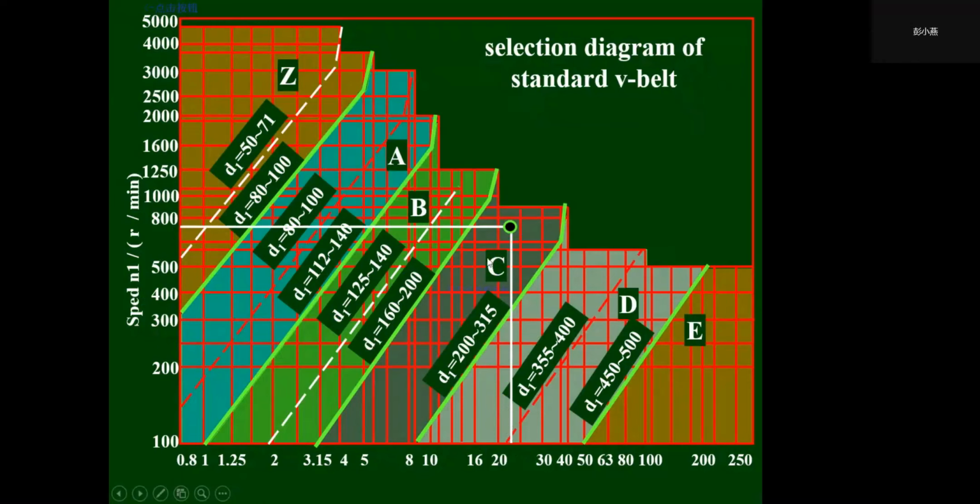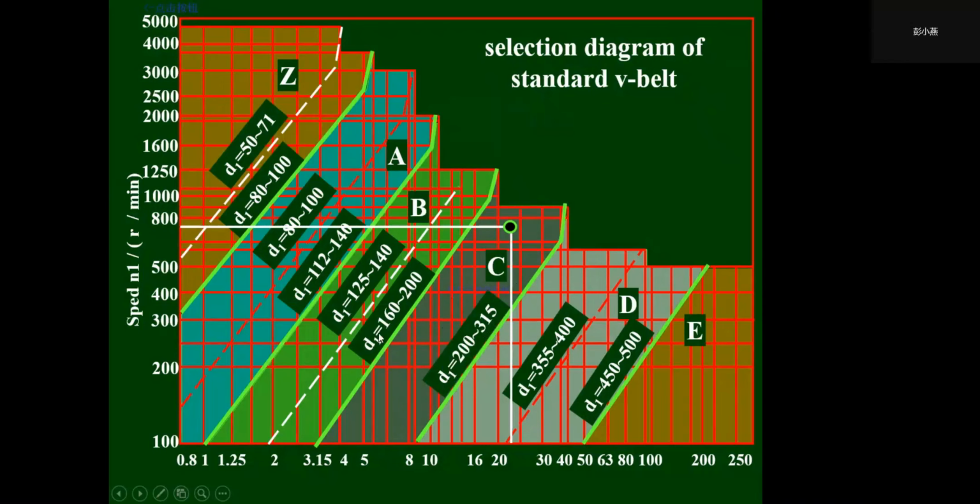So we can choose a C-type standard wave belt, and the diameter of the pulley D1 can vary from 100 to 350. Of course, the selection is not absolute. This is only a suggestion.